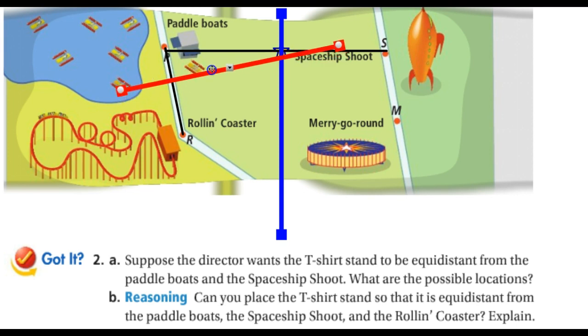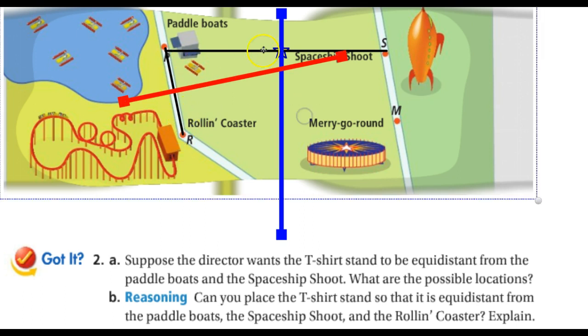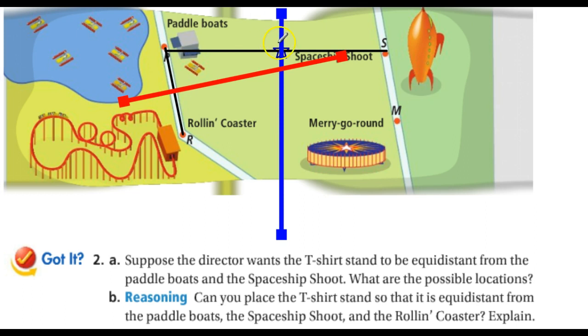So I can move this line up and down. It stays perpendicular, but I want it so that it bisects PR. And now notice anywhere on this red line, it's equidistant from R and P. So let's find that star. Where's the star? He's hiding behind the lines now.